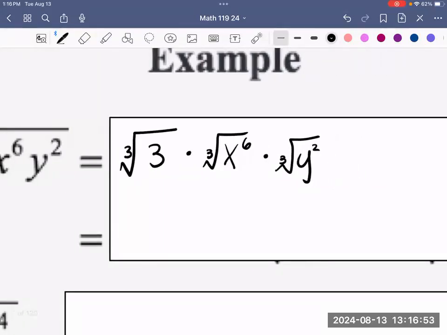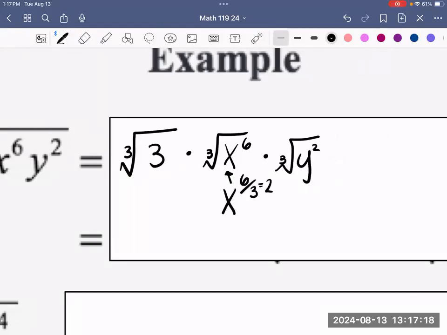Can we do anything with the cubed root of 3? No, that one has to stay put. But what do we know about 6 and 3 here? We have that radical exponent, so let's go from a radical into a fractional exponent. 6 over 3 is equal to 2. So this one can be easily simplified.